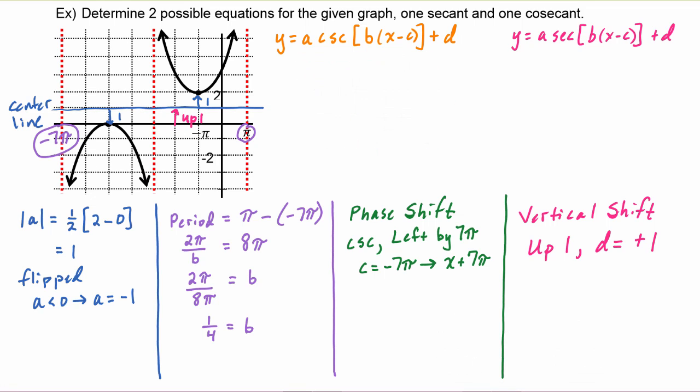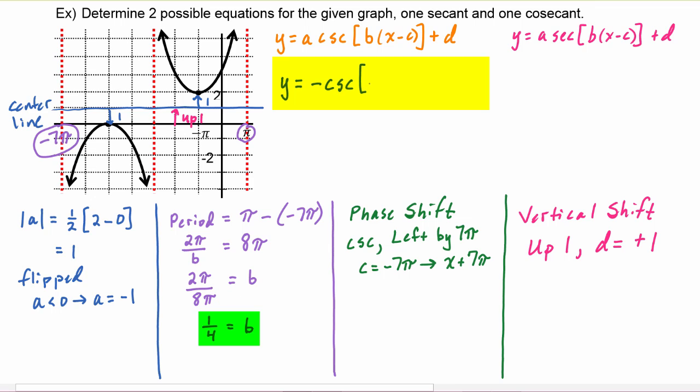So now we are ready to write our cosecant function. We're going to have y is equal to, a is negative 1, so we can just put negative cosecant of the quantity.